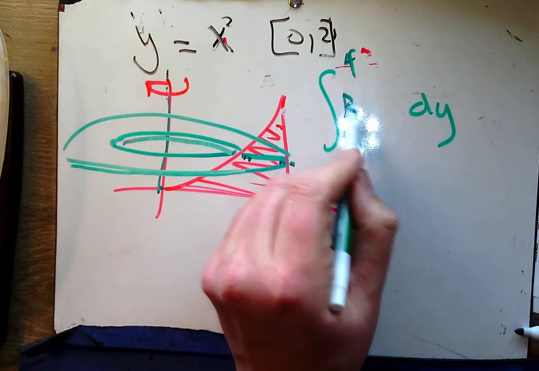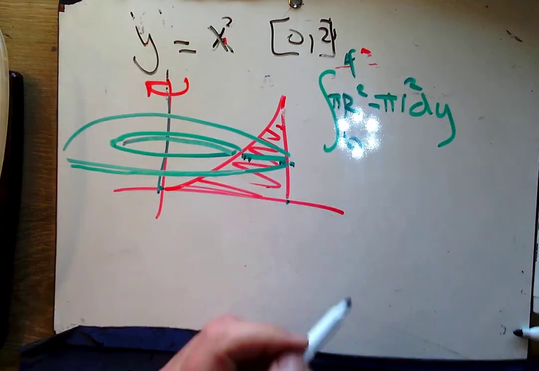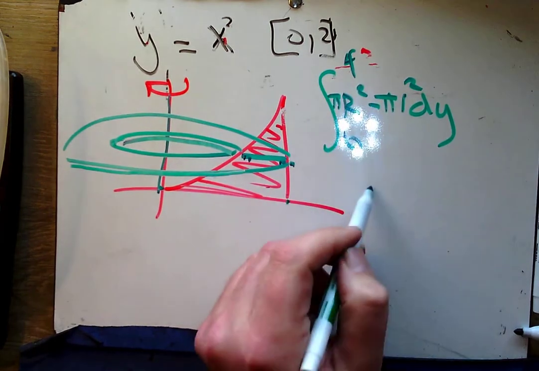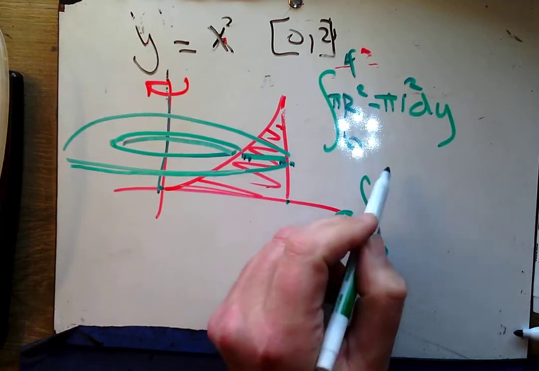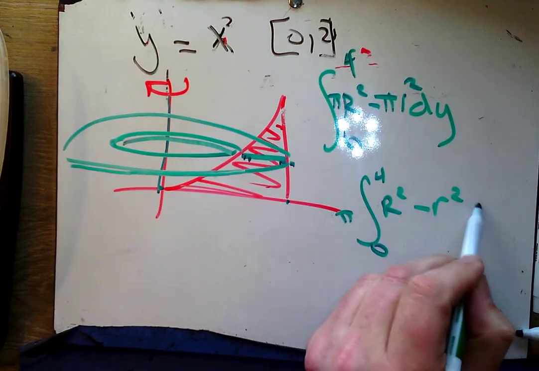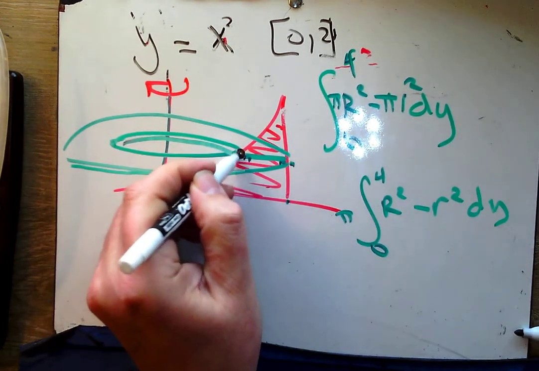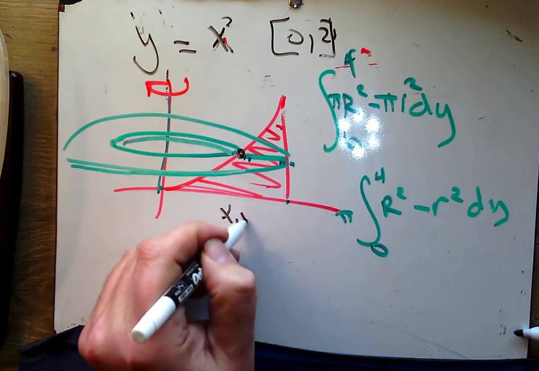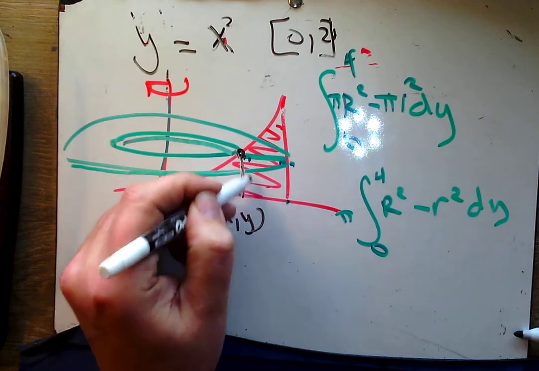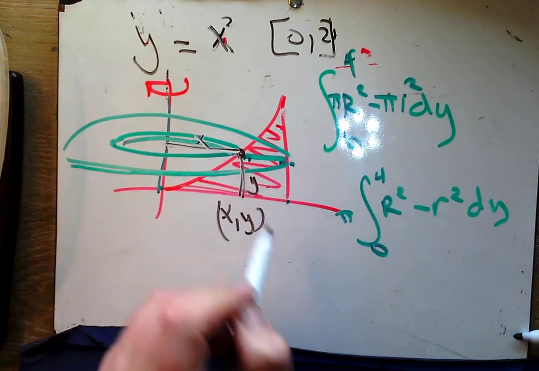Well, I know that's pi big R squared minus pi little r squared. And I can certainly take the pi out. So pi times the integral of big R squared minus little r squared dy. All right, well, let's see what we can say about these things. We know that there's an ordered pair here called x, y, where this distance is y, and this distance is x.